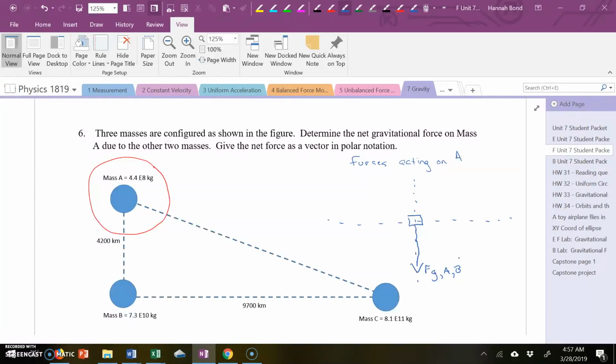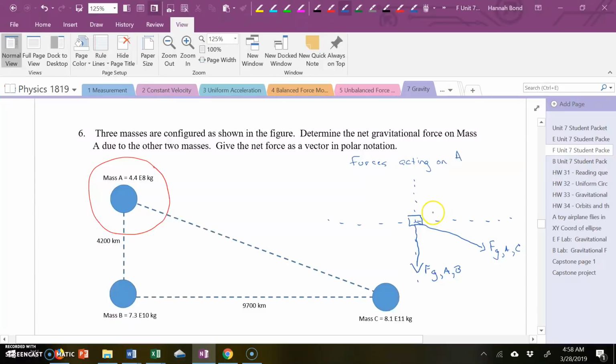Okay? Also, mass C is exerting a force on mass A, and mass C is trying to pull A toward the center of C. And so we see a force of gravity at an angle here. This is the force of gravity on mass A that's being exerted by mass C. It would be a really nice thing to have the angles in standard position to give the directions of both of these forces.